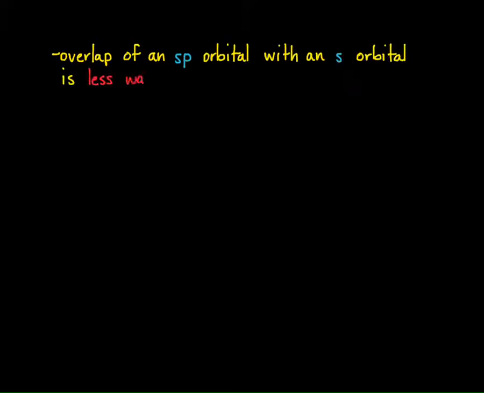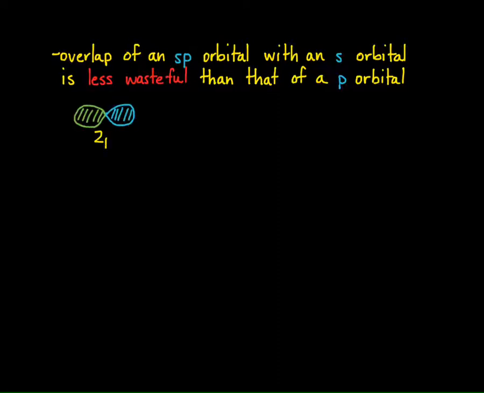Now, one of the cool things about hybridization is when you think about the overlap of an sp orbital with an s orbital, that overlap is much less wasteful than the overlap of a p orbital with an s orbital. Let me demonstrate. Here I have a p orbital, right? So let's say this is the 2px orbital that's not hybridized.